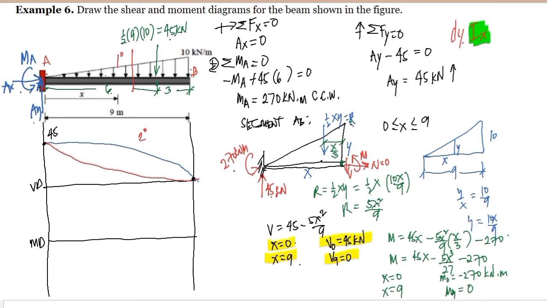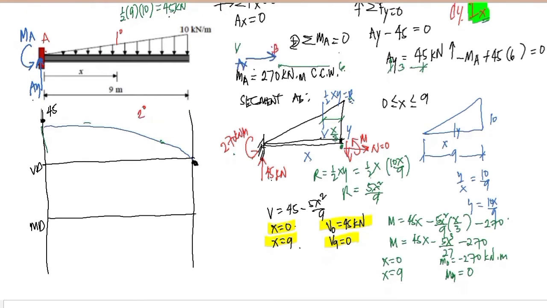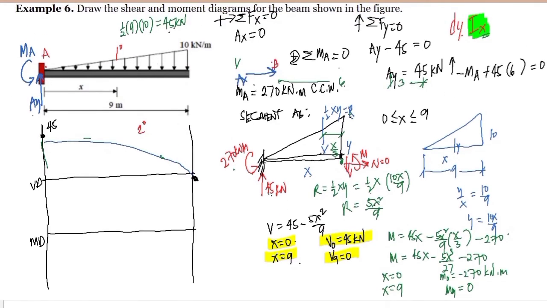Now, this is our first point here, and this is our second point, meaning this point here is in quadrant 4. If it is in quadrant 4, then this is the location of the x-axis, and this is the y-axis. Since we are going to bend the x-axis, therefore, this is the correct curvature. And this is our shear diagram.